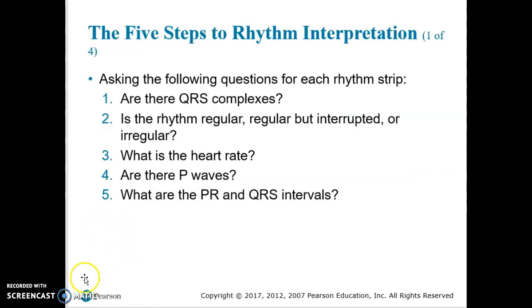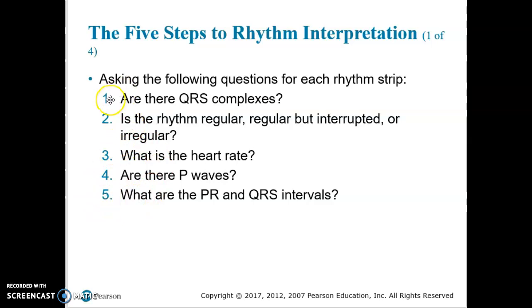Now, moving forward, we're going to talk about the 5 steps of rhythm interpretation. These 5 steps are your lifeline to determining what a rhythm is. If you do not remember these 5 steps, you will not be able to recognize a rhythm strip.